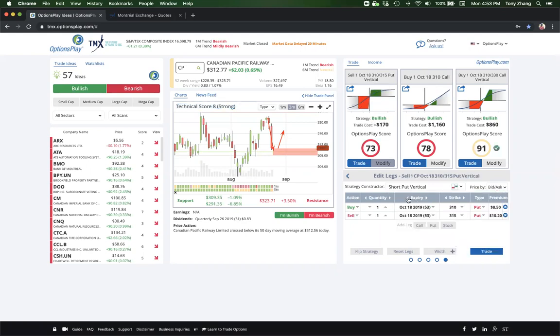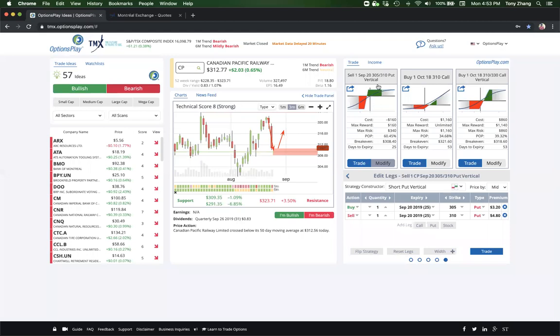I'm going to change this to a September expiration because I want to sell about 4 weeks out, just like what I was showing you here before. And what I'll do is sell maybe the 310, 305 put spread here as an example. So this is a $5 wide credit spread.